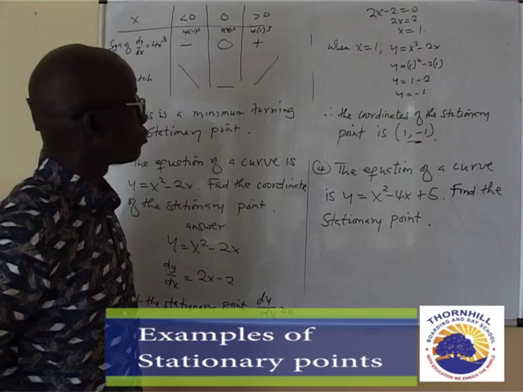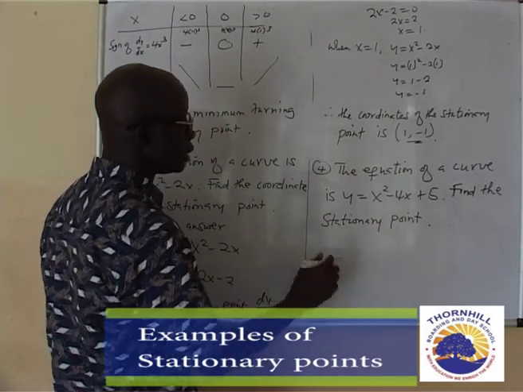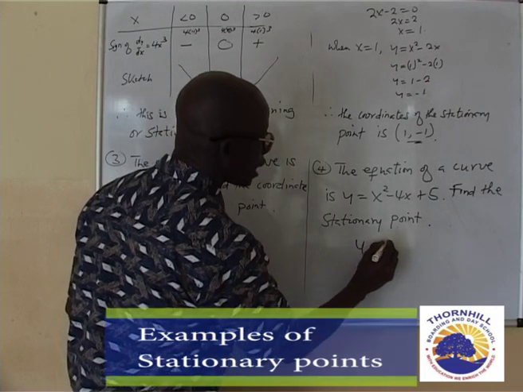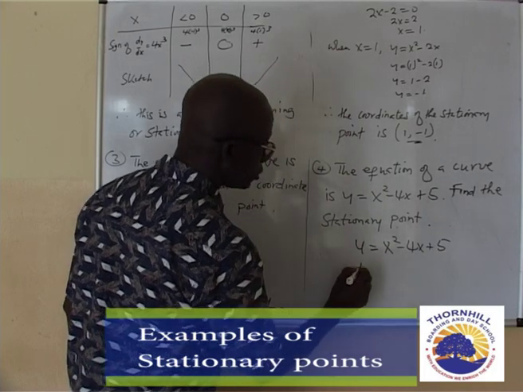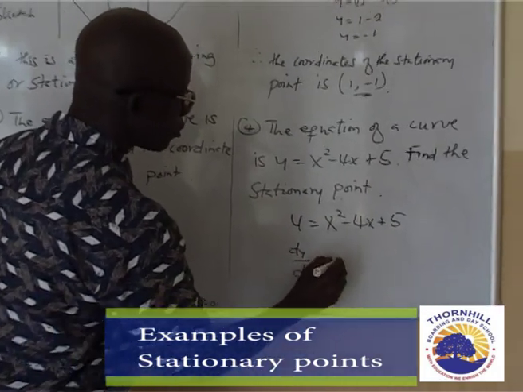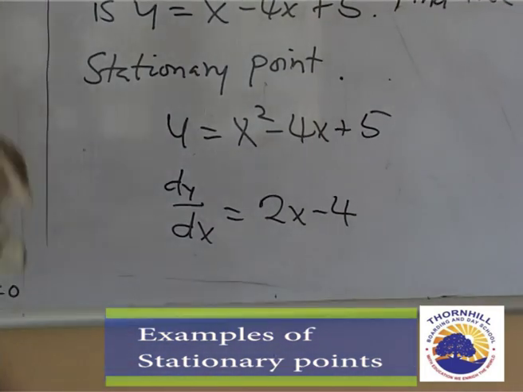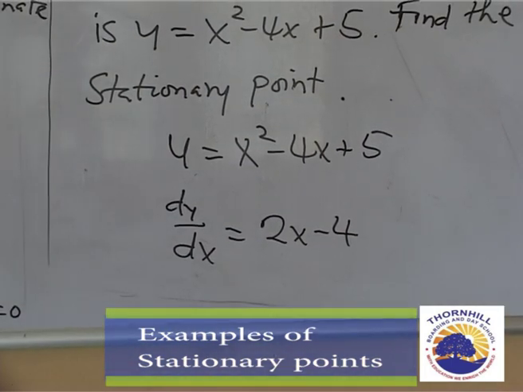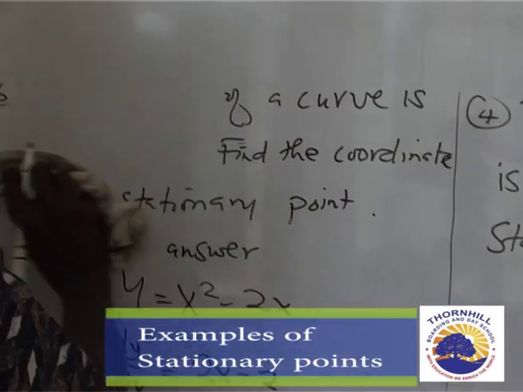So here we have the equation of the curve. We are finding the stationary point. y is equal to x squared minus 4x plus 5. dy dx is equal to 2x minus 4. At the stationary point, dy dx is equal to 0.